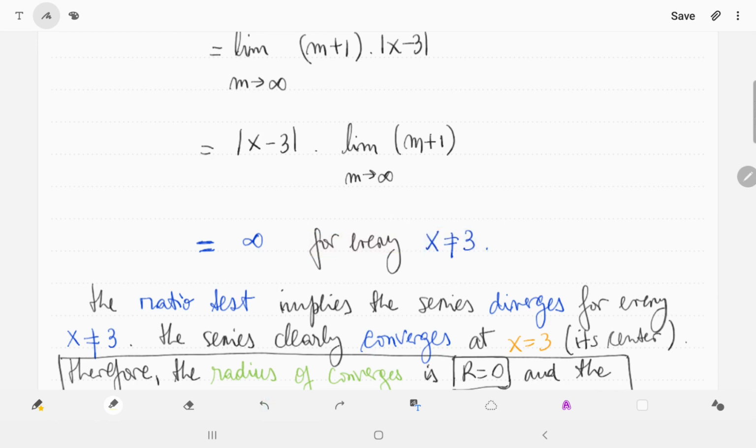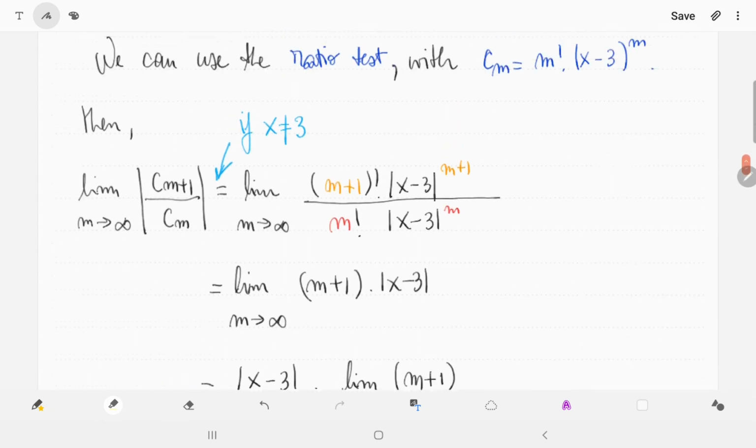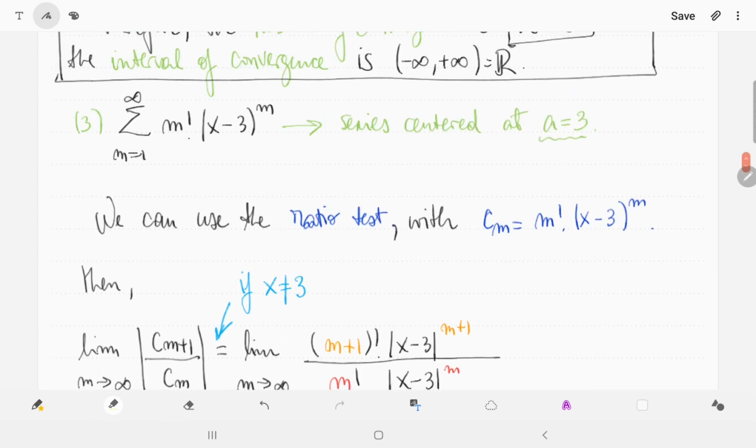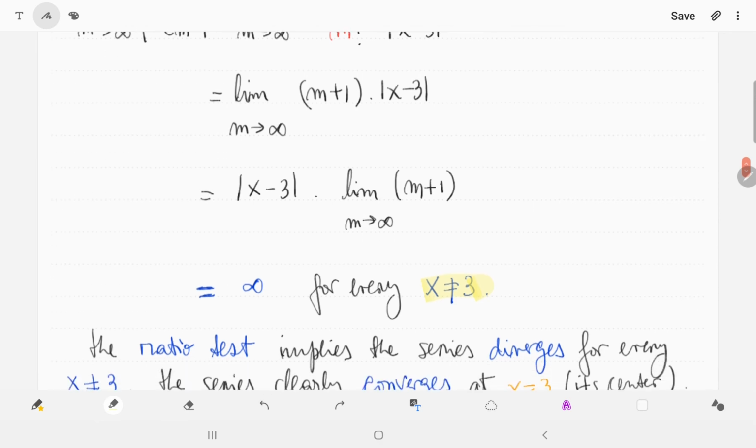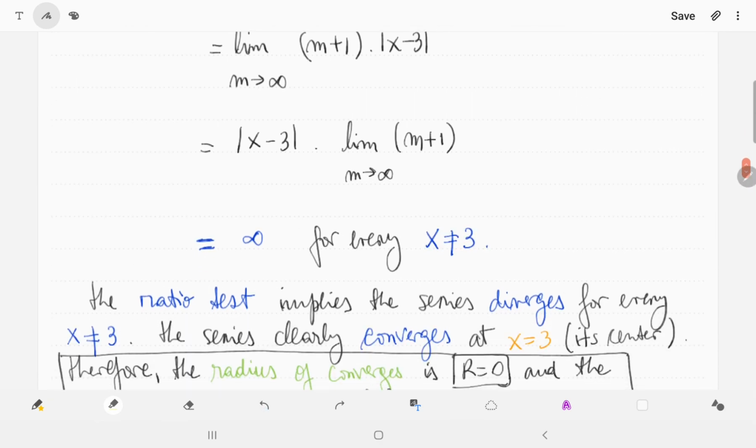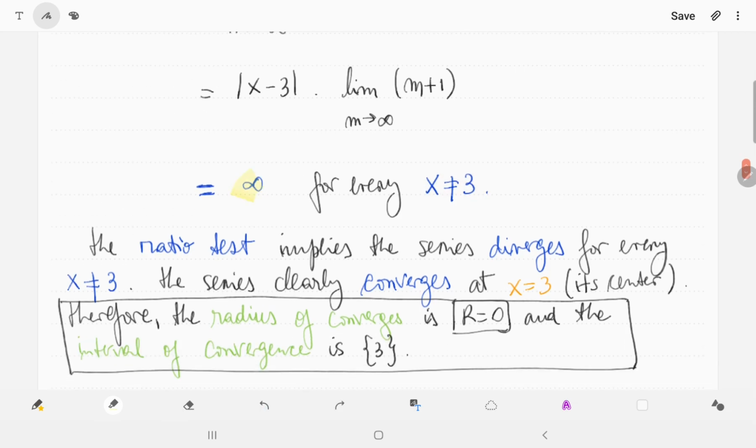So, who is 3? Remember that 3 is the center of the series, and we already know that every power series converges at its center. So 3 for sure is a point where the series converges, but for any other number different from 3, this limit is greater than 1 because it's infinity.